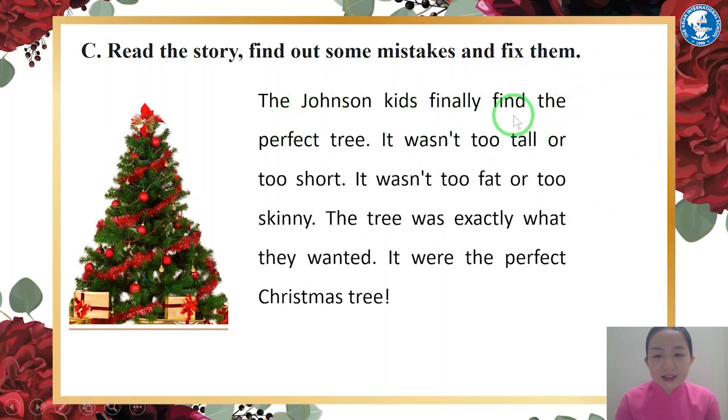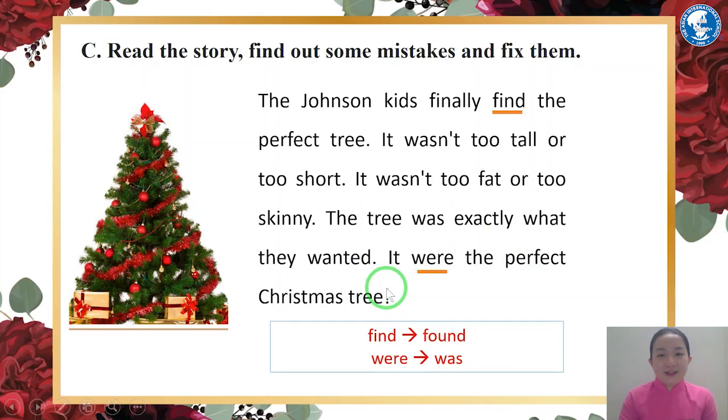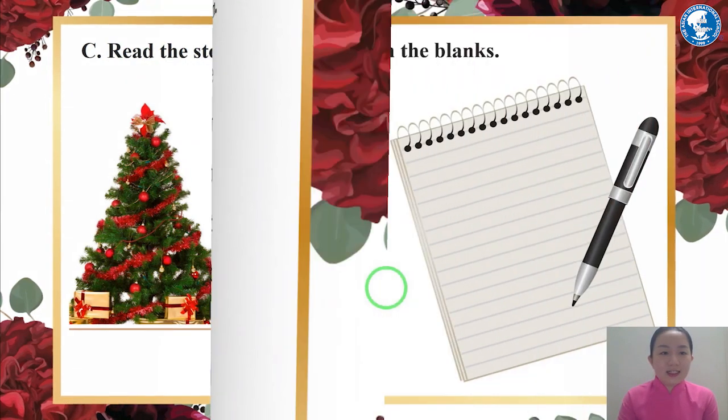I found it. The Johnson kids finally found the perfect tree, not find. Here, the last line. It was the perfect Christmas tree. Good job. Now we move to exercise D.